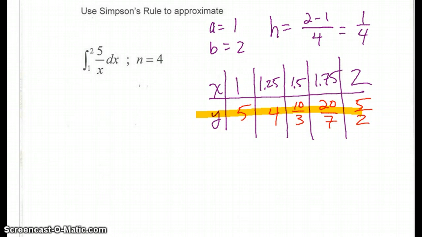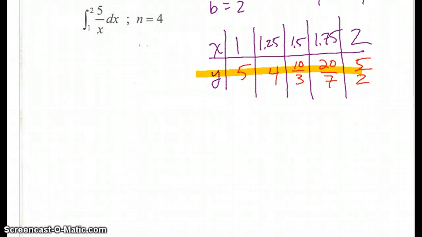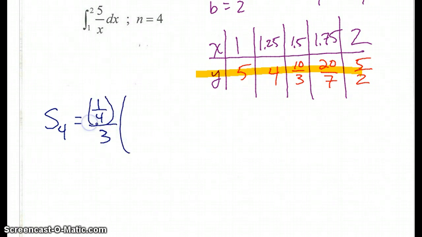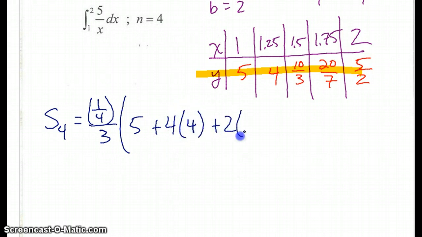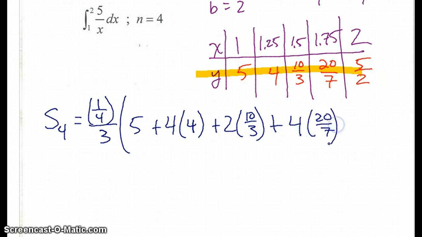Next, we're going to fill out our formula. So we have S sub 4 is equal to 1/4 over 3 times... key.